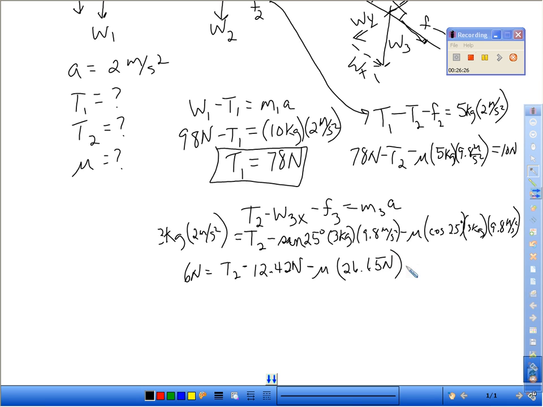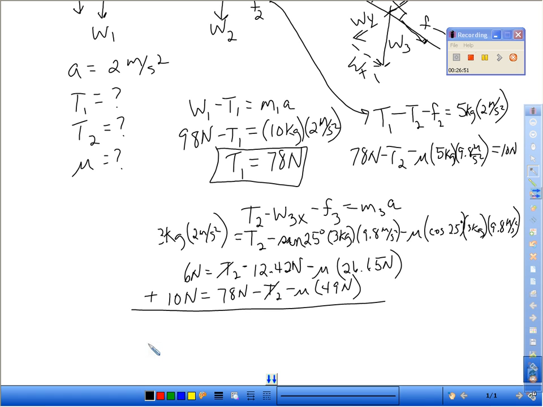So now I'm going to take my third equation and add my second one to it. So I'm going to write down the second one here. It's 10 newtons equals 78 newtons negative T2 minus mu times 49 newtons. Well, if I set it up correctly and I go to add those equations now, my T2 should cancel out because one should be positive and one should be negative.